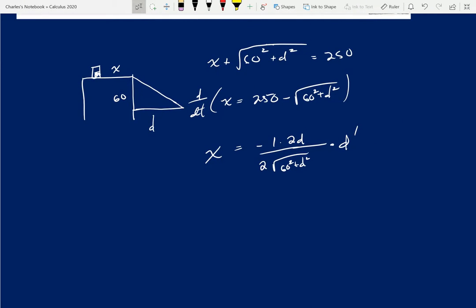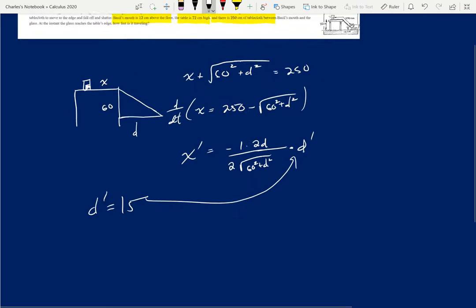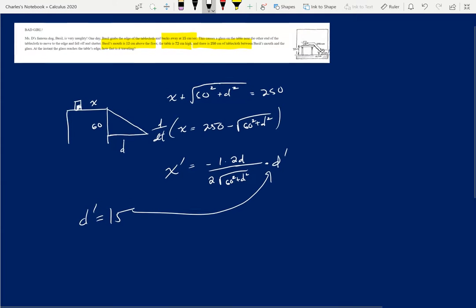Now we have some things we need to figure out, what goes where. For one thing, they tell us that d prime is equal to 15. And then we also can figure out what d is. At the moment that the glass reaches the table, the hypotenuse is 250.